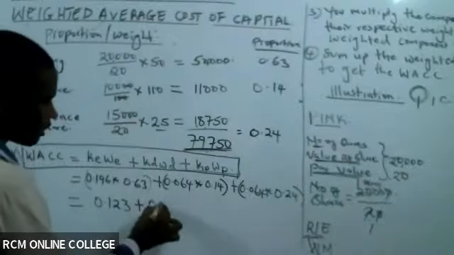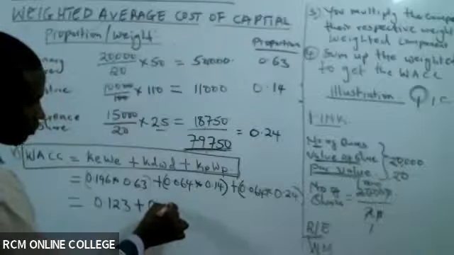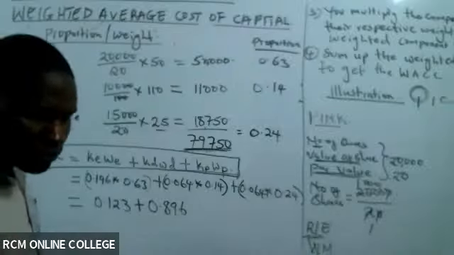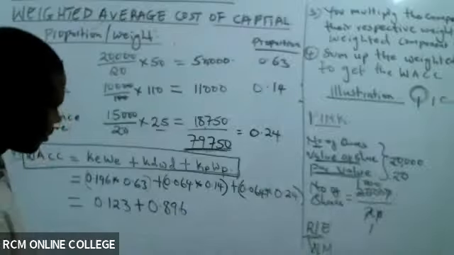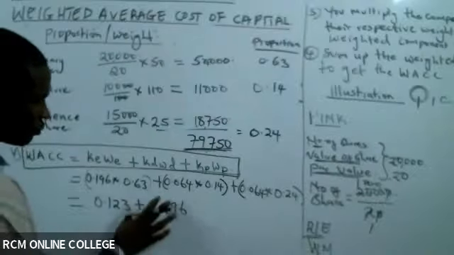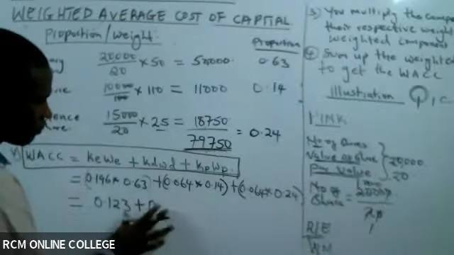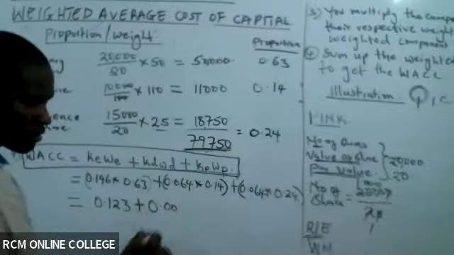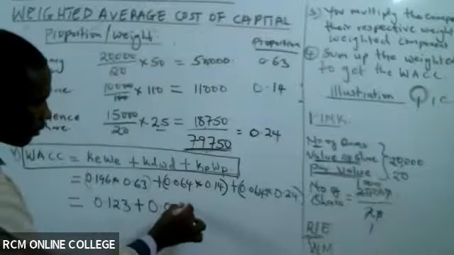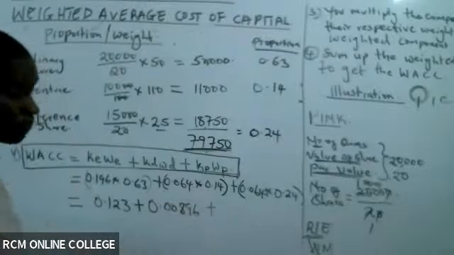Kwa sababu sasa hapa tunataka kuiweka in that form. 0.00896. Decimal points zimekuwa mingi tena. Hizo zero ni nyingi. Niko sure? Okay, let's see.